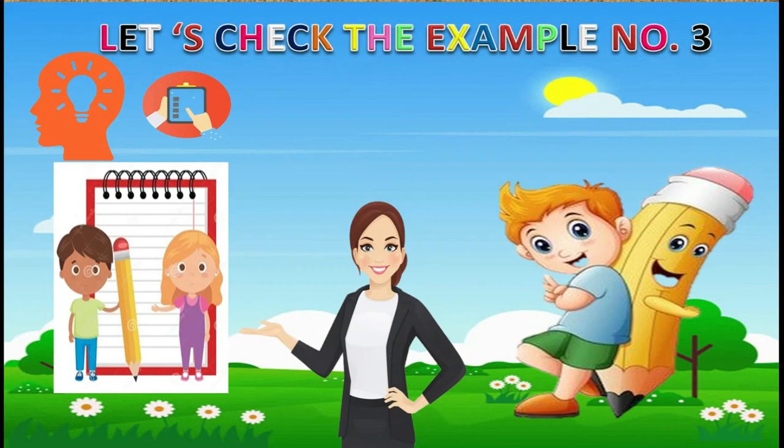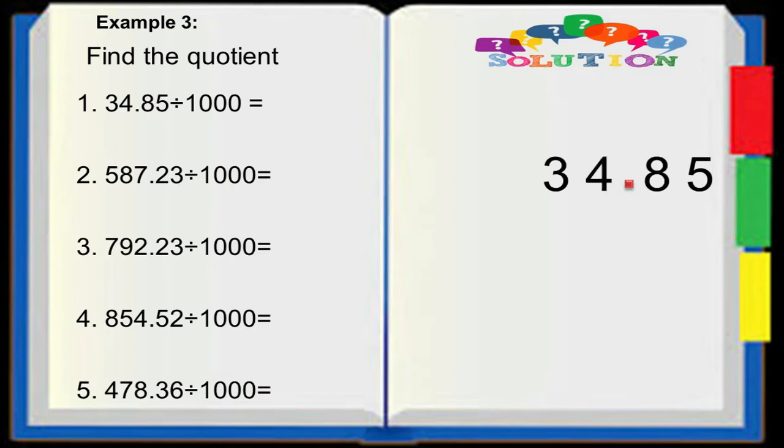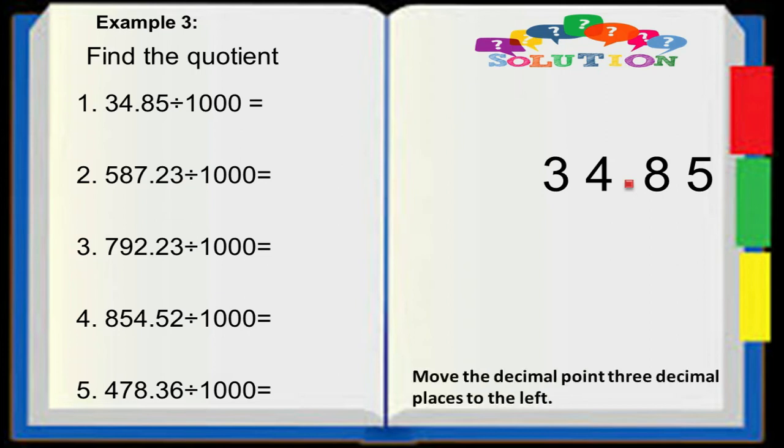Okay, let's check example number 3. For number 1, how many zeros are there in 1,000? You're correct. There are 3 zeros. It means you are going to move the decimal point 3 decimal places to the left.